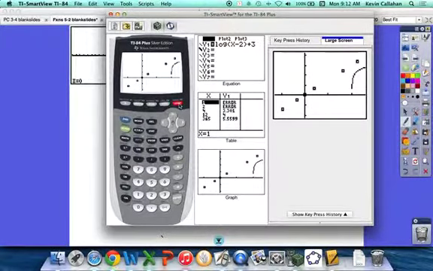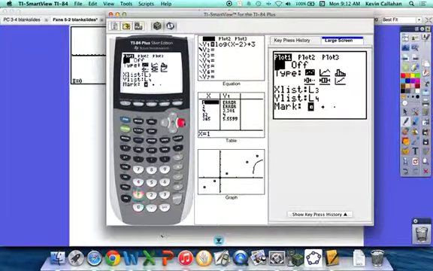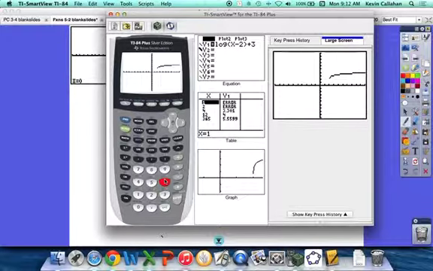Let me do second stat plot, 1, turn that off, then go back to 6. See what that looks like? I shifted the graph 2 to the right, and it looks like it stopped. It does not stop. It has an asymptote here, and as graphs do when they approach vertical asymptotes, they go forever, either to negative infinity or positive infinity. The graph does not stop.